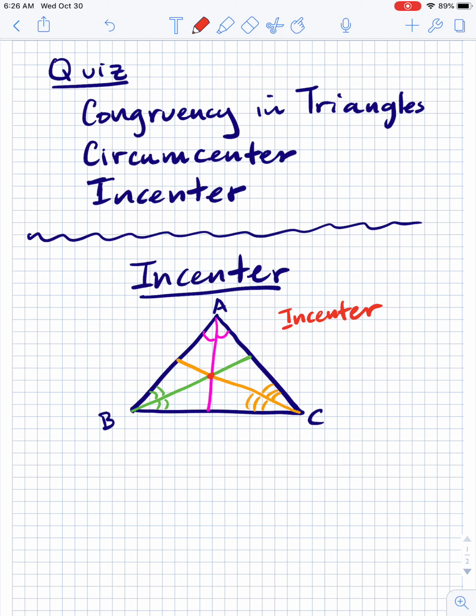Okay. So from the incenter, that point there is the same distance away from each of the sides, on all sides. So the incenter is the same distance away from AB as it is to BC and to AC.